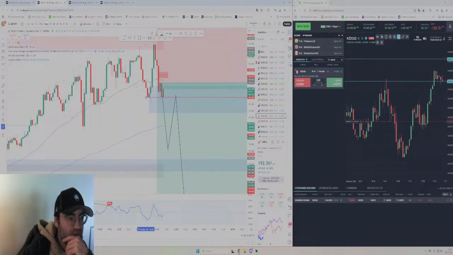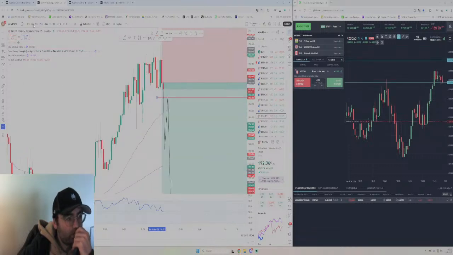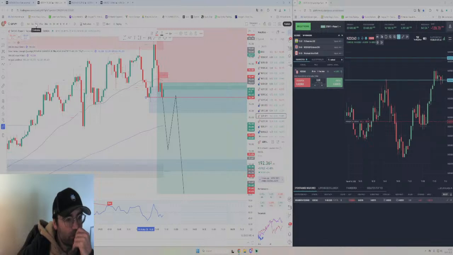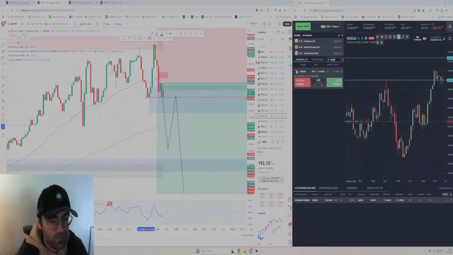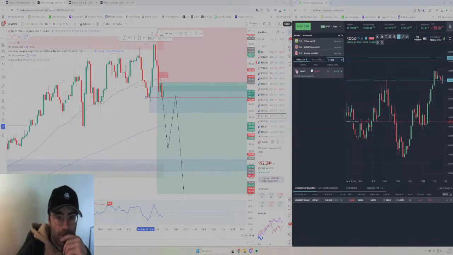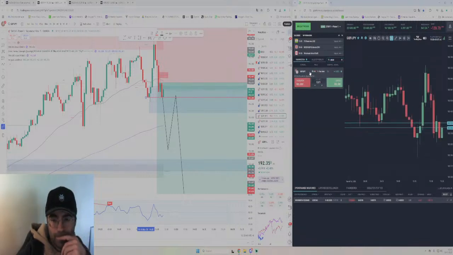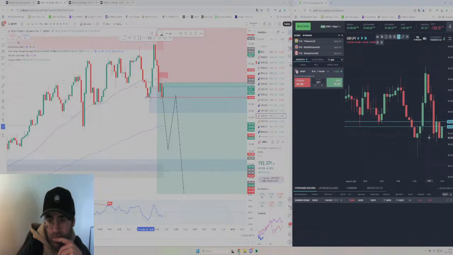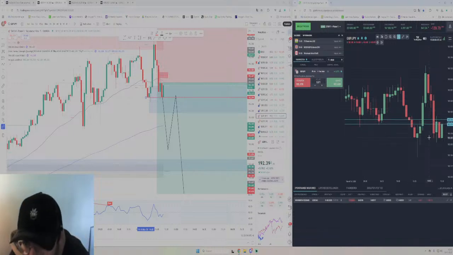I think there's just a chance that it will just shoot up. From here it actually closed under. Well, pretty much the same actually.